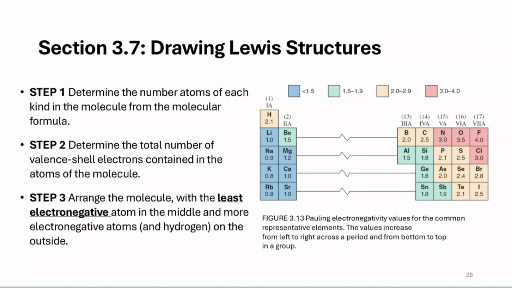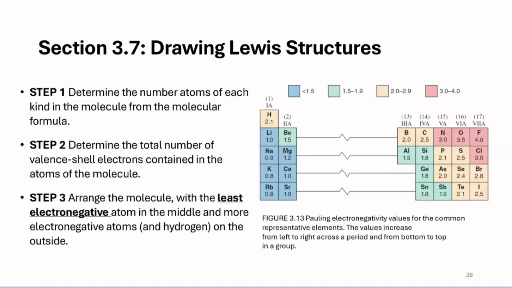When we're drawing Lewis structures, in step 1, we're going to determine the atoms that we have in our chemical formula. And we look at the number of atoms that we have by paying attention to the subscripts. Next, we're going to determine the total number of valence shell electrons that we have within the atoms in the molecule.